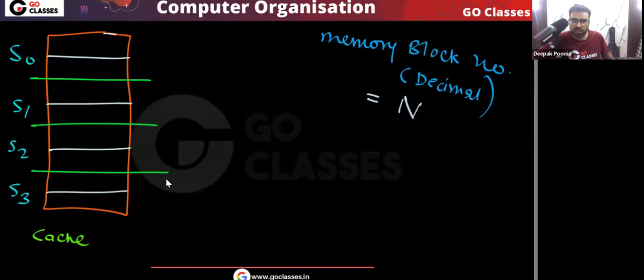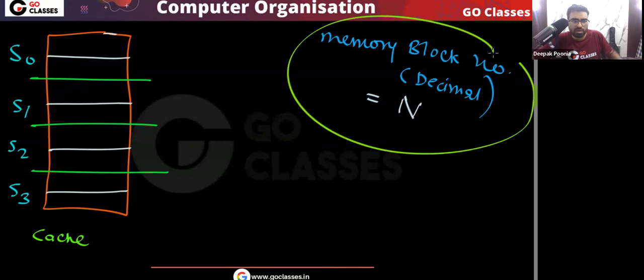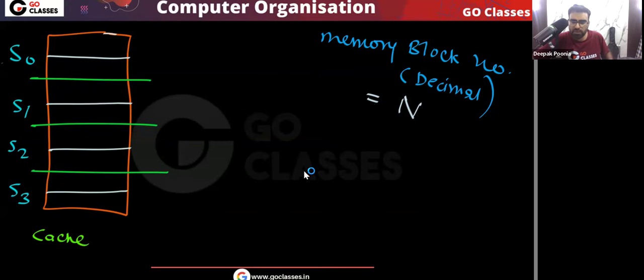If you want to find to which set this main memory block number n will map, you can very easily find the set number.